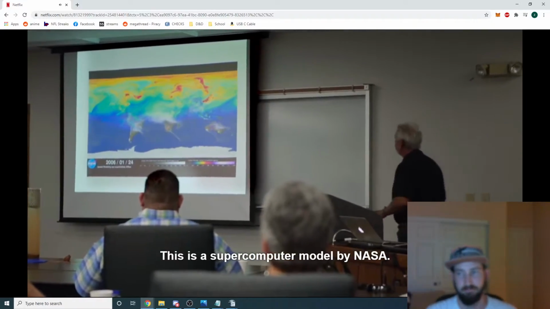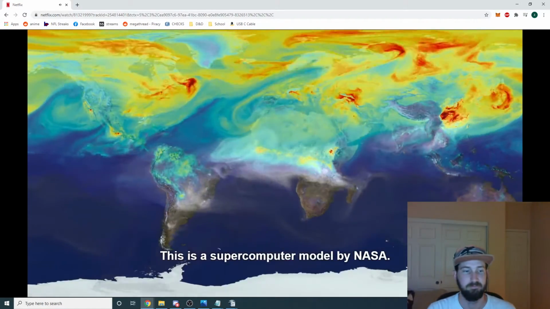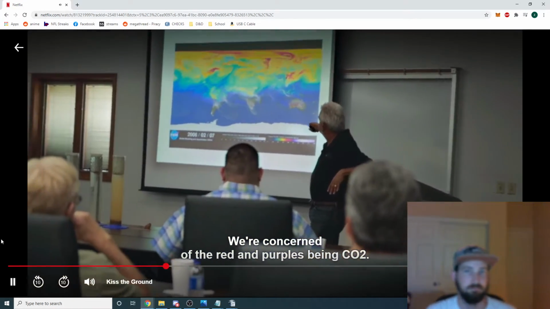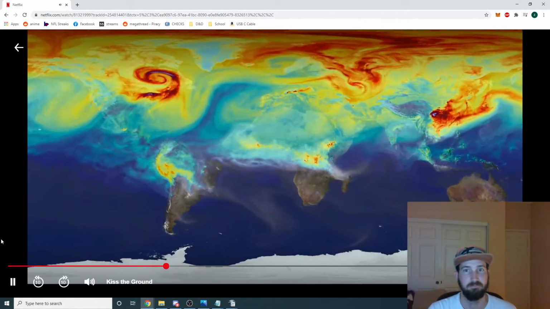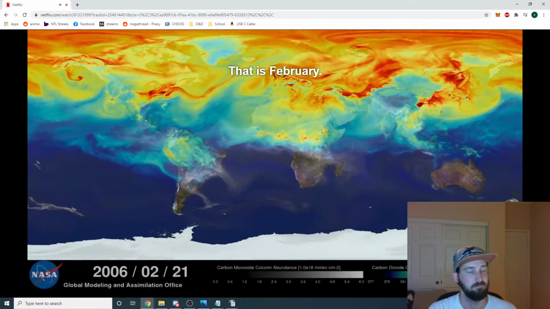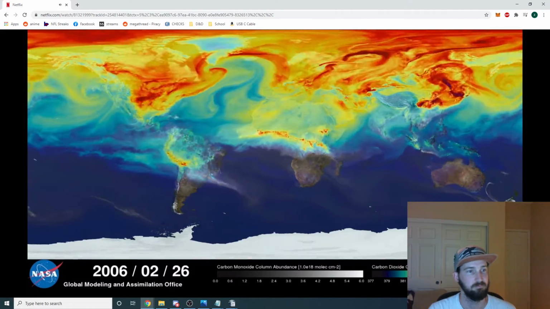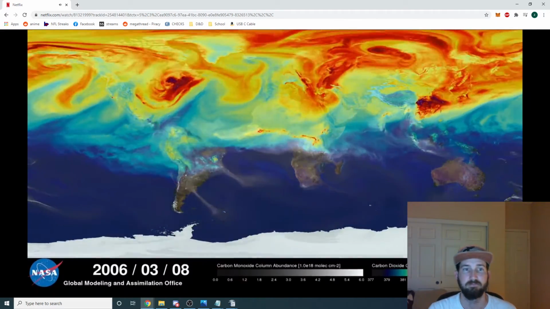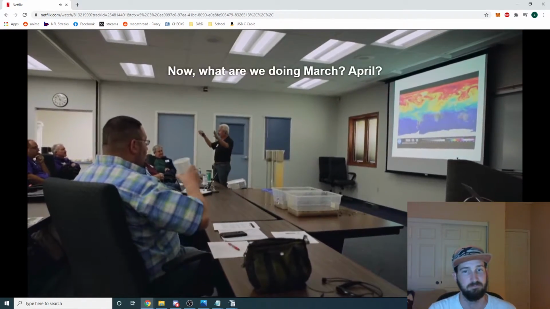This is a supercomputer model by NASA. We're concerned with the red and purples being CO2. I want you to notice the dates. That is February, March. Now, what are we doing March, April?